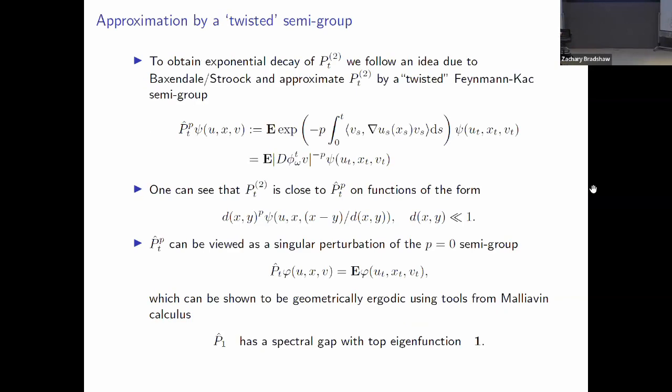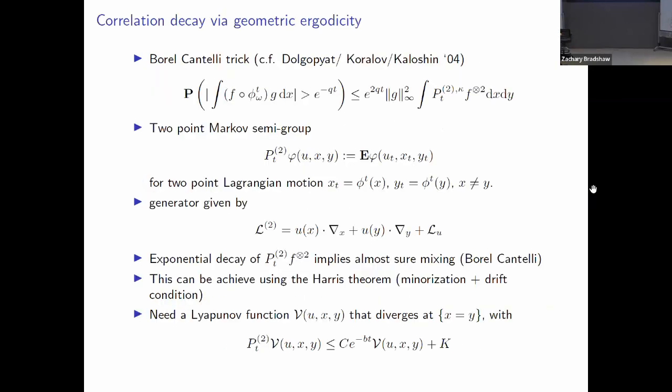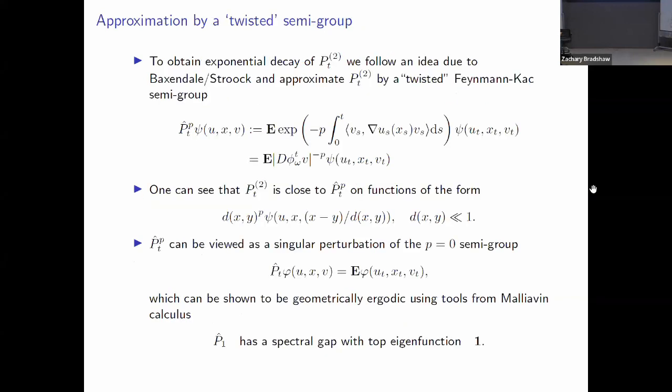And the key strategy that we use here to show this property is that we actually approximate the 2-point motion by another semigroup. And I want to emphasize this because this is really at the heart of the proof. What we do is take a semigroup. Think of V as the projective part of the linearized direction, but you multiply it by the growth of the linearization raised to the negative p power.